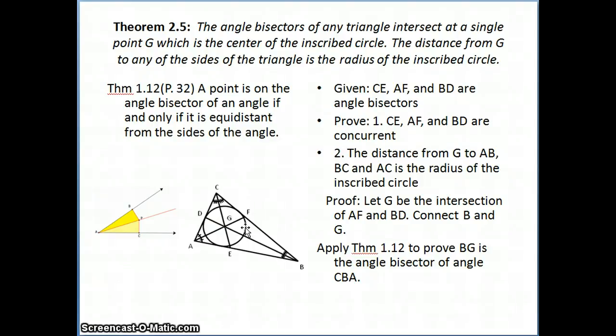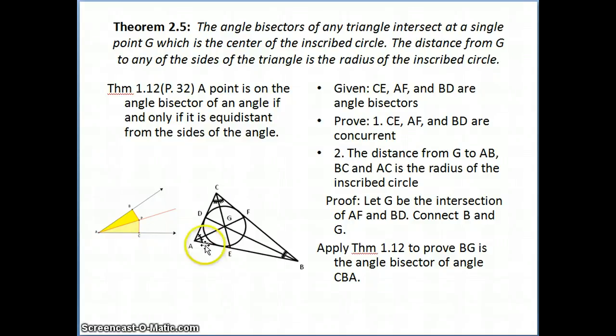In one of the sections, I think it's section 1.2, we talked about the medians of the triangle intersecting at a certain point. I'm sorry, it's section 1.3 on page 52, theorem 1.32, property of medians.